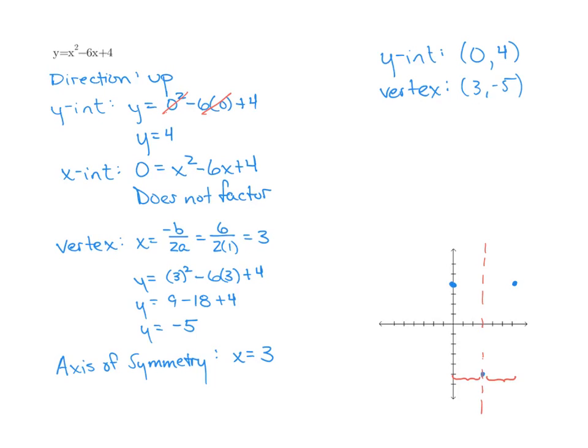And so this point, if you go ahead and calculate it out, my symmetric point is going to be 6, 4. We go 1, 2, 3, 4, 5, 6 to the right and 4 up. We now have enough to graph this.